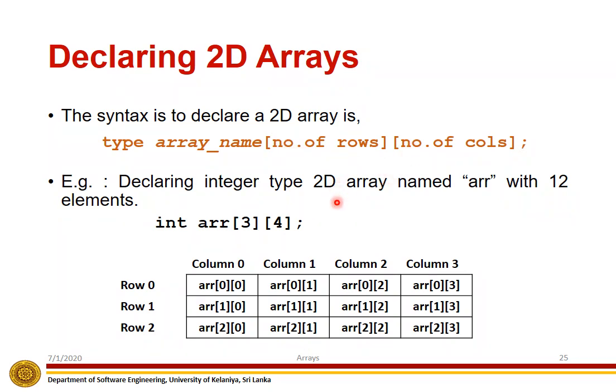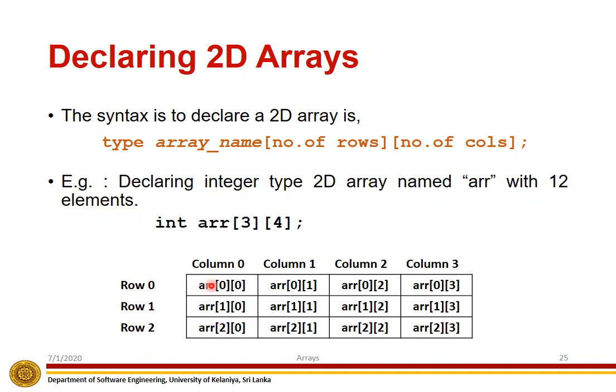In here you can see an example for declaring an integer type 2D array named ARR with 12 elements. So we can declare that one as int ARR[3][4]. This is an integer type array and the array name is ARR. It has 3 rows and 4 columns.